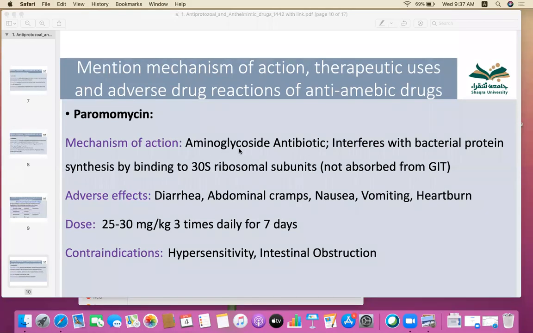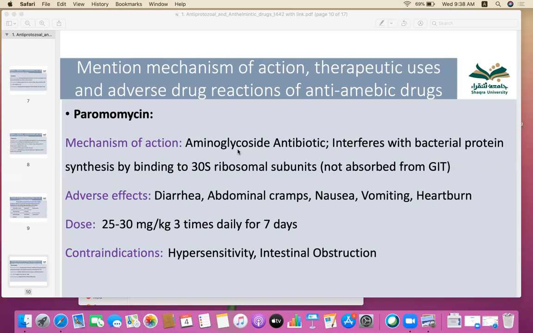It is from the category of aminoglycoside antibiotics, and other well-known drugs from this category are streptomycin, neomycin, kanamycin, gentamicin, and this is paromomycin. Aminoglycoside antibiotics interfere with bacterial protein synthesis by binding to the 30S ribosomal unit.